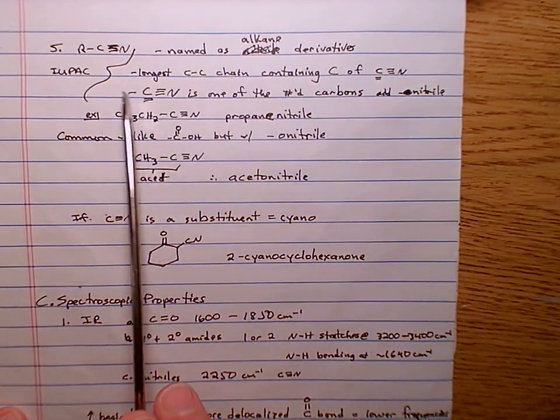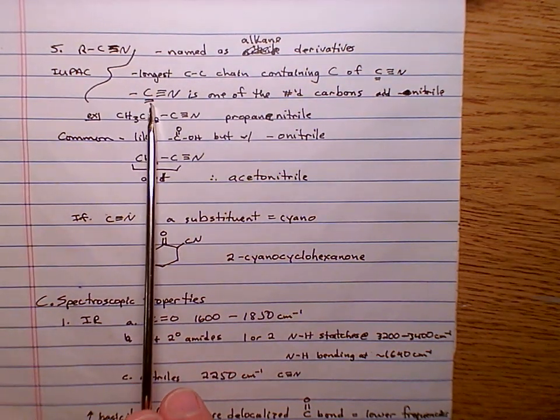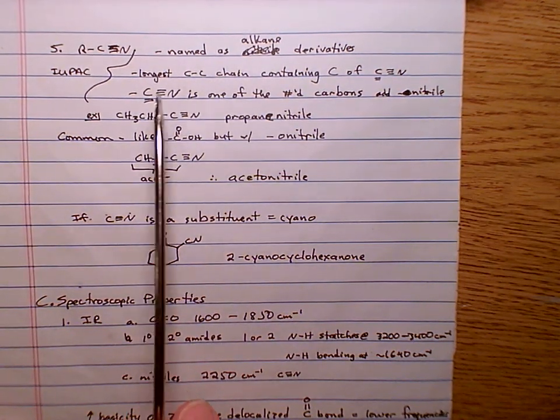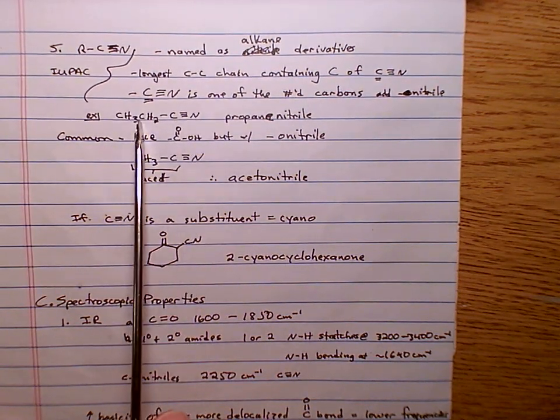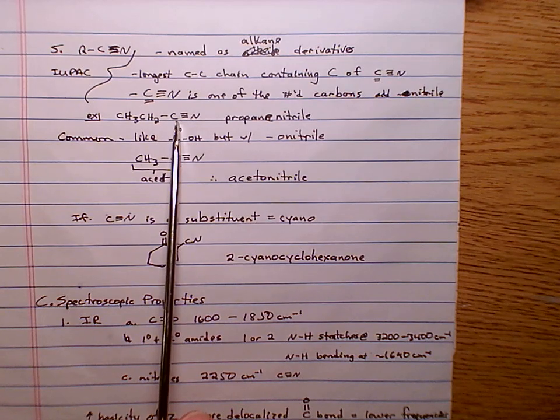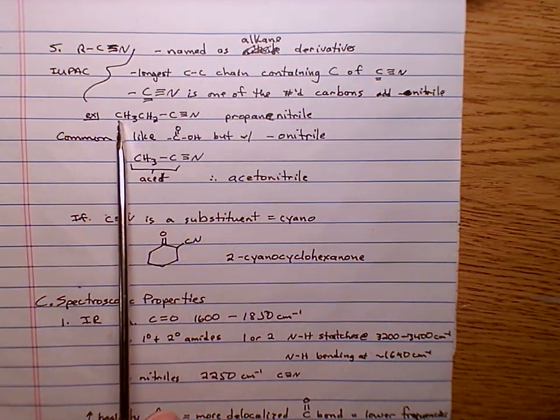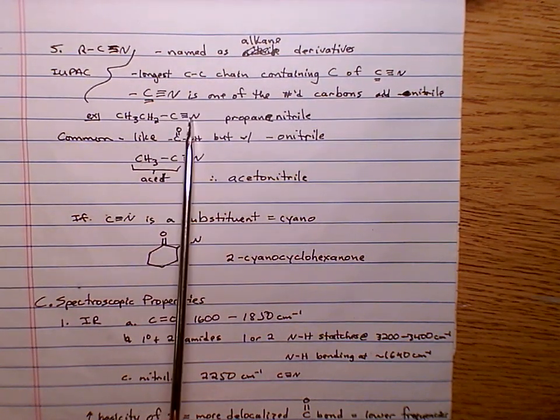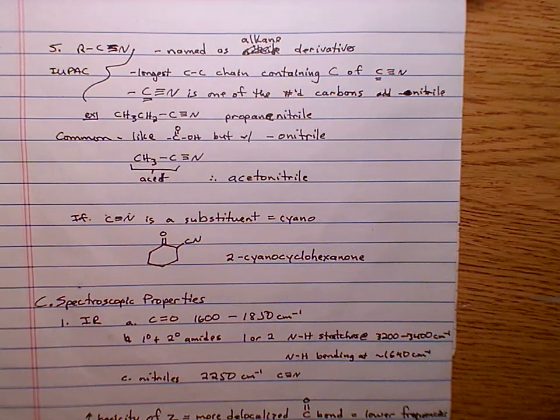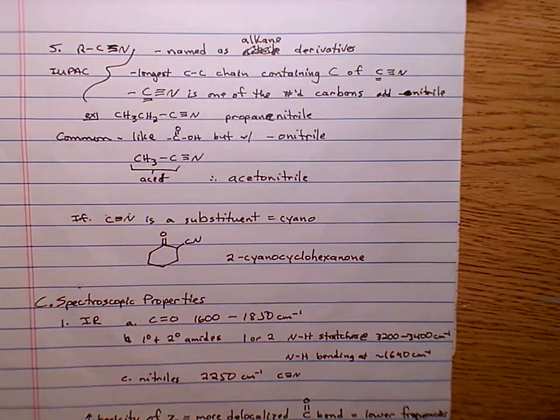If there's another longer chain, it doesn't matter. This carbon has to be in there, and it's carbon number 1. So if we had CH3, CH2, C triple bond N, that's 1, 2, 3 carbons in a row. So this would be propane nitrile. We just name the alkane, three carbons, propane, and add the word nitrile at the end. Gotta love IUPAC. Propane nitrile.